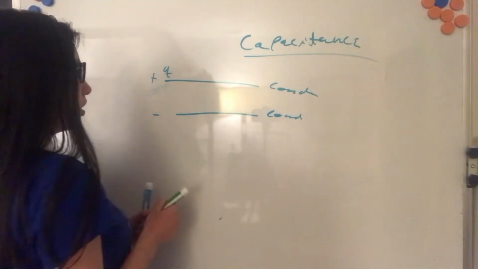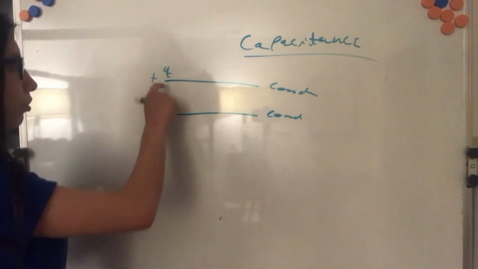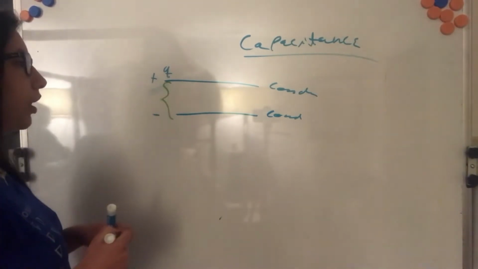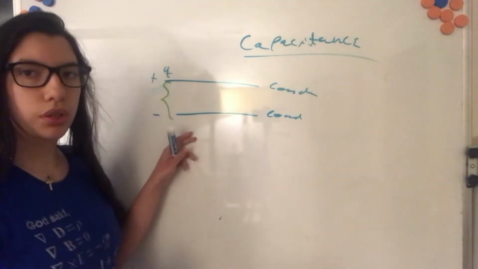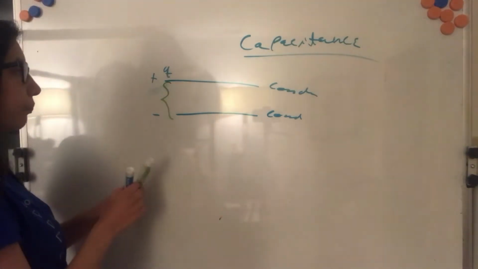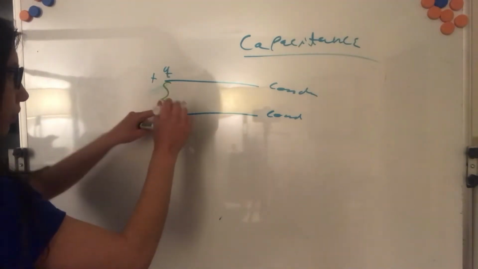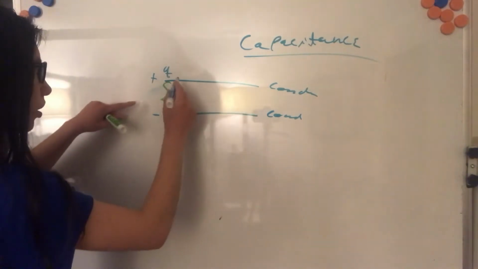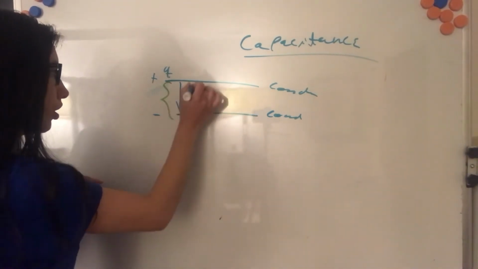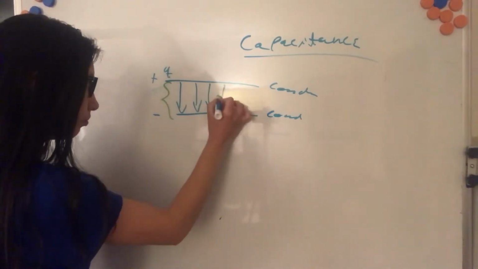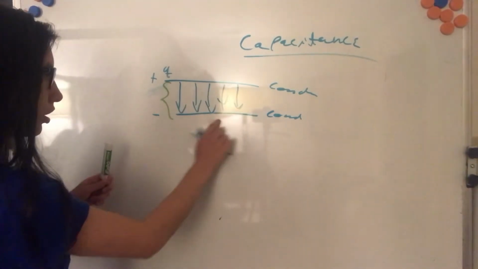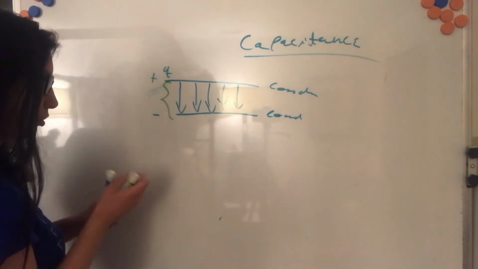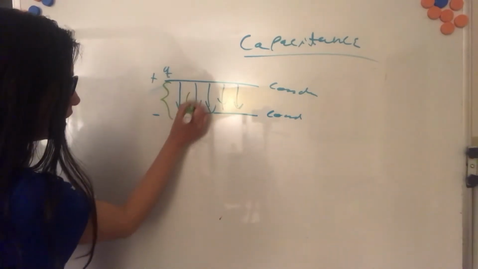The electric field that is generated will only count in this part between the plates, as we saw in the previous video with Gauss's law, because here the electric field generated by this conductor plate is in this direction. These are the electric field lines, and for this negative conductor plate it is in this direction.